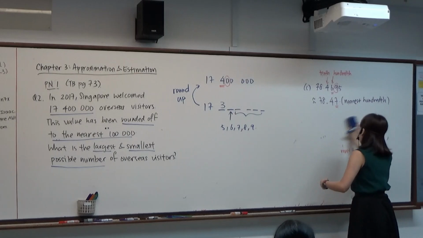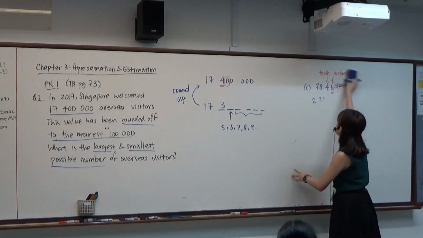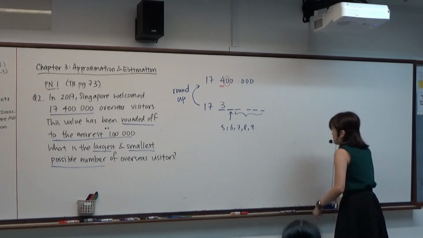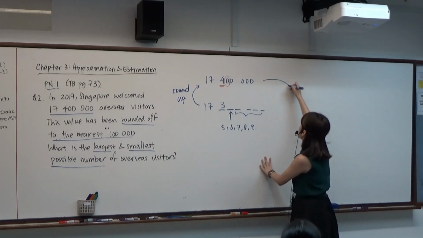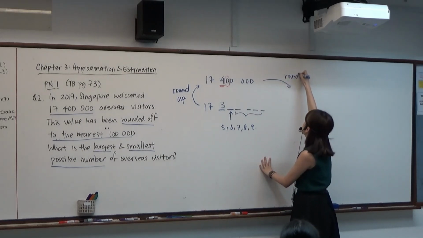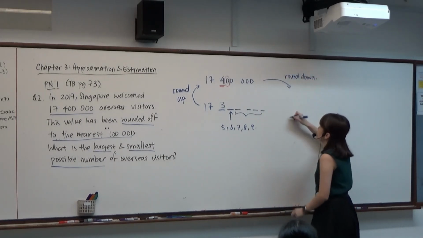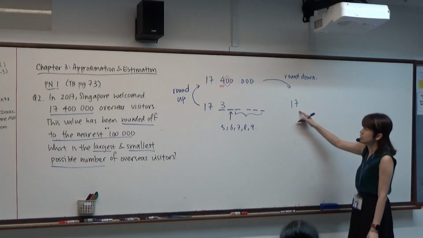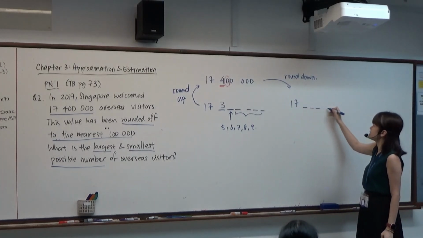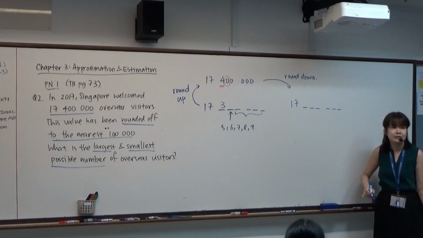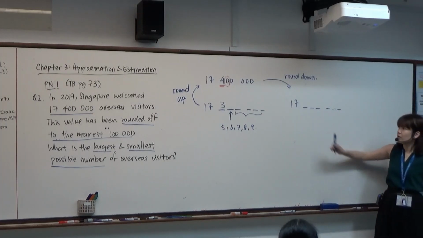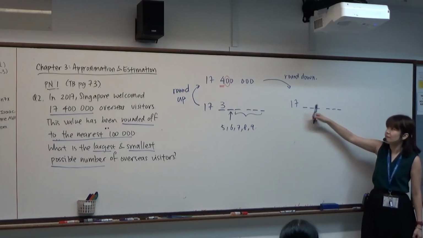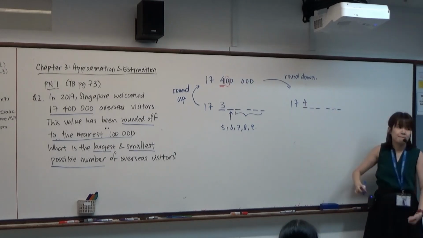Now what if we round down? I have not yet completed this answer. What if we are rounding down? That means I will still have my 17 over here, and I have 6 other digits to fill up. If it were rounded down, this digit over here should have been a 4.